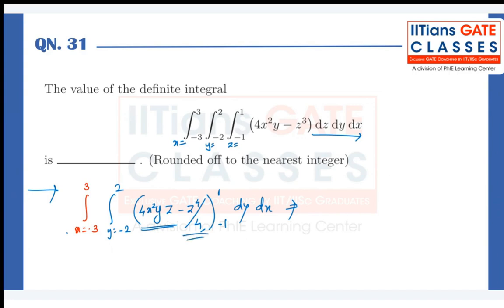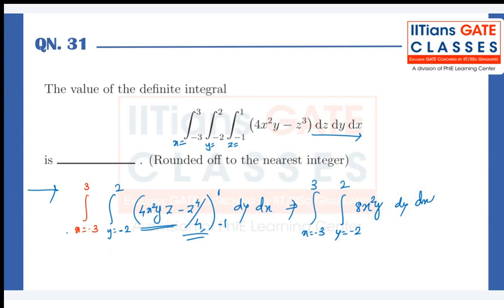However, the second part will become 0 because it's 1 by 4 minus 1 by 4. It will become 0. And the integral will become very simple now. X is equal to minus 3 to plus 3, and y is equal to minus 2 to 2, and you will have 8x square y dy dx.